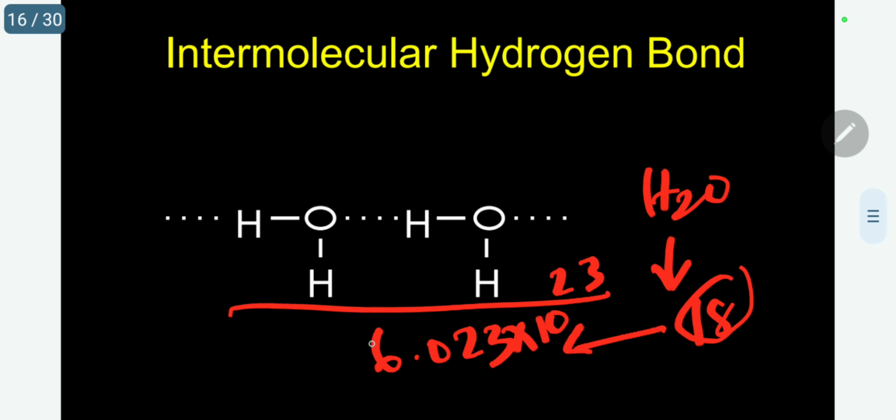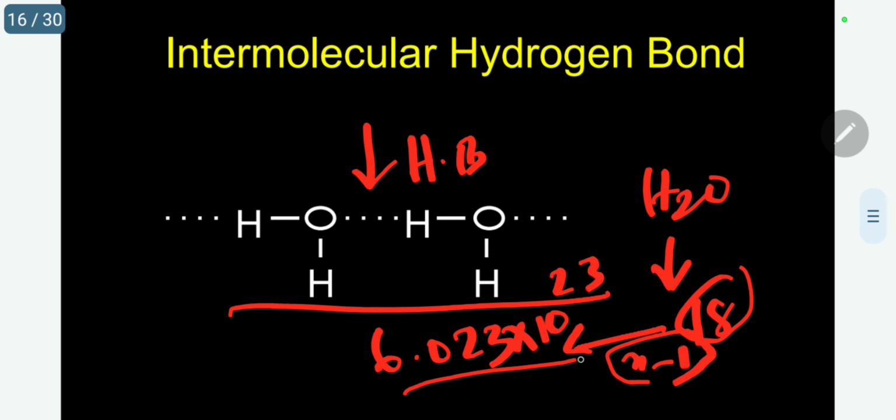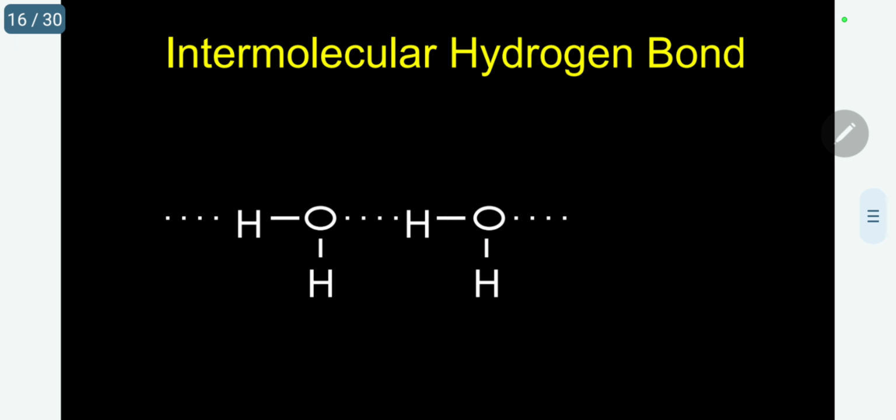If there are so many molecules, two molecules will form one bond. This is the hydrogen bond. So N minus 1 bonds will form, where N is the total number. 6.023 into 10 to the power 23 minus 1 hydrogen bonds will form in 18 grams. Now we forget about that.